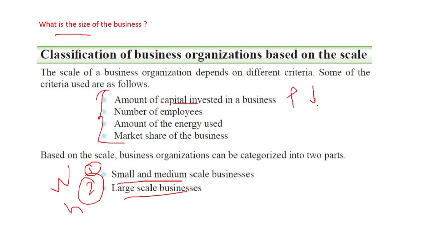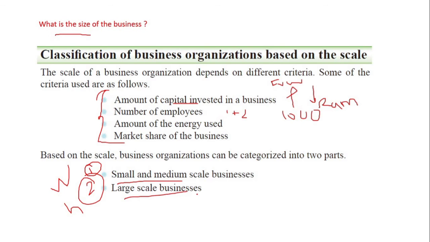For example, Ramu Store. In the Ramu and 11 Friends Mart, investment will be high, right? Number of employees: only 1 or 2 employees, it might be a small business, right? Think of an organization that has 1,000 employees, right?